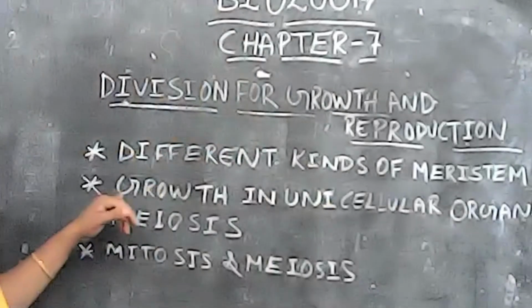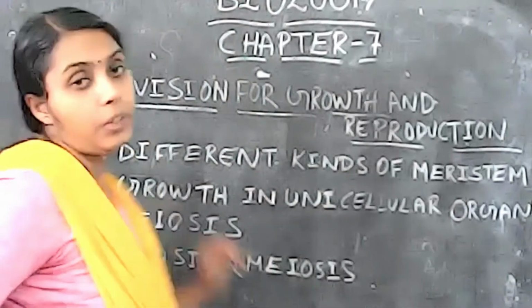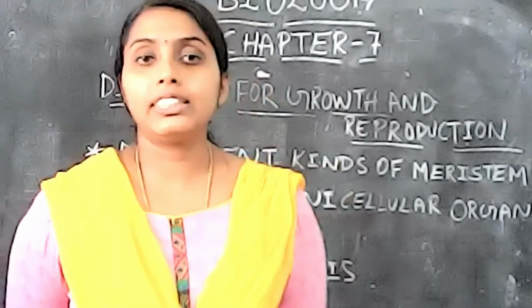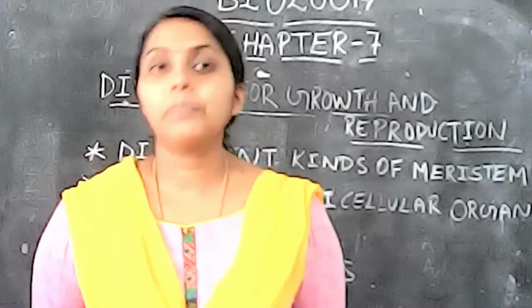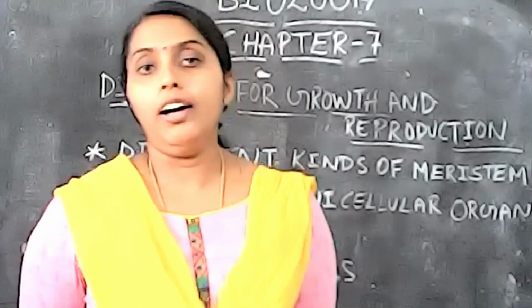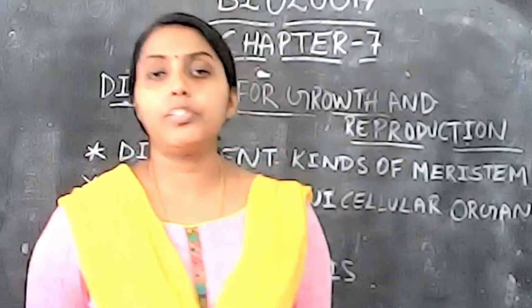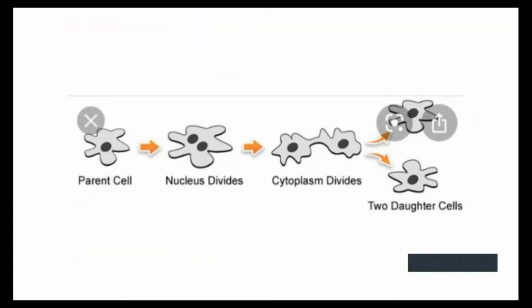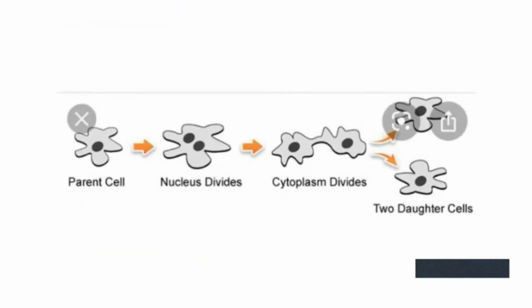The next topic is growth in unicellular organisms. How is growth happening in the case of unicellular organisms? We can see now. The unicellular organism, amoeba. The division in amoeba is given here. First the parent cell or mother cell undergoes division.